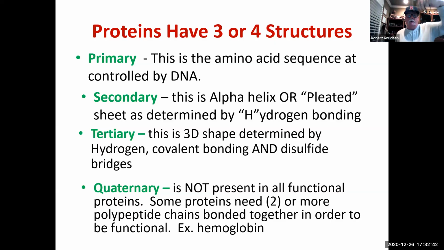If I had two of them bound together like that, this would be quaternary structure. And I could have two, or I could have four. An example of a four chain structure hooked together is hemoglobin. It's found in the red blood cell. Got it? So hemoglobin happens to have quaternary structure. Okay? Insulin does not. All right.